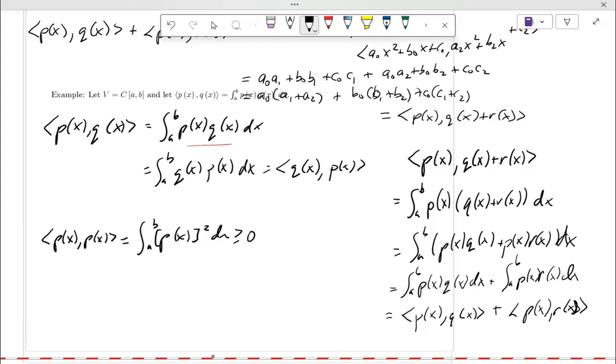And the only way it can be 0, if I had the integral of the square dx equaling 0, is if the inside here is 0, because it's continuous, right? If it weren't a continuous function, I could have an integral be 0 and the function itself not be identically 0, because I could redefine the function at a single point.